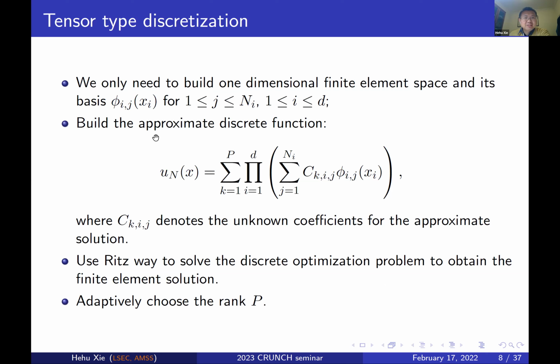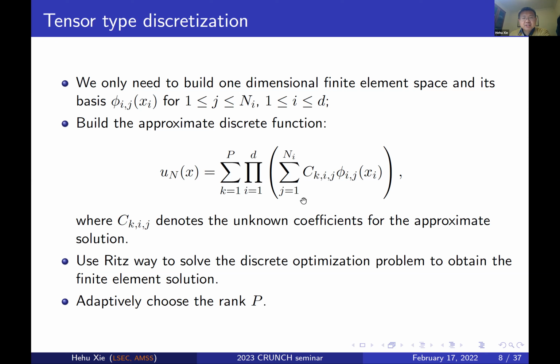This is the basic idea for our neural network. Before we define the neural network, we can also consider this approach. For example, we can use the one-dimensional finite element basis. This is the basis, where j means the jth basis in one dimension, and i means the dimension index. So we can build what we can call the trial function.